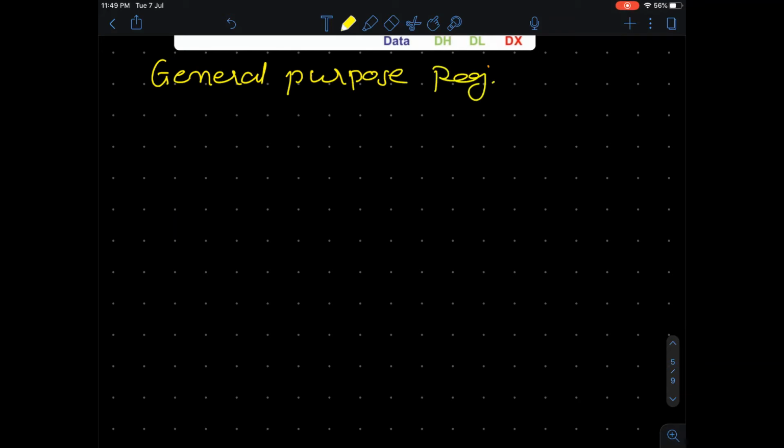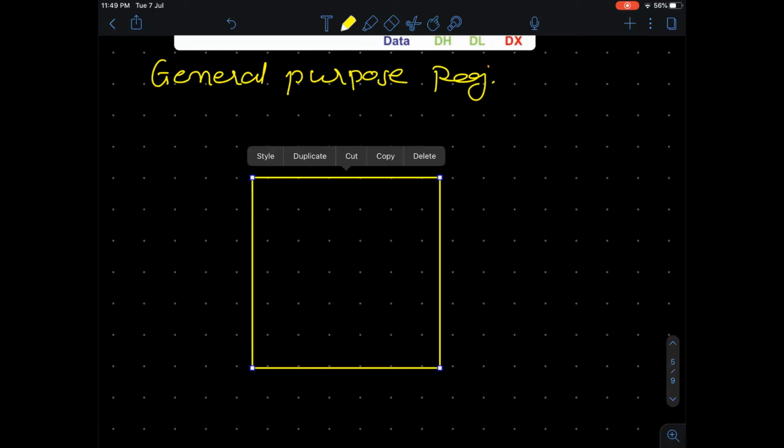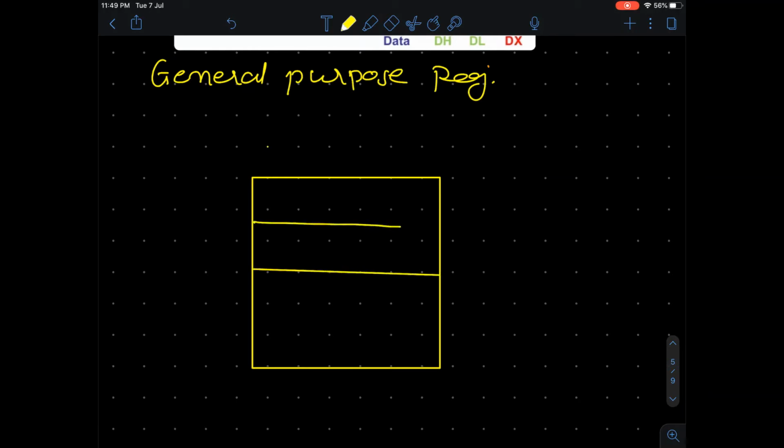As far as general purpose registers are concerned, there are 8-bit general purpose registers.